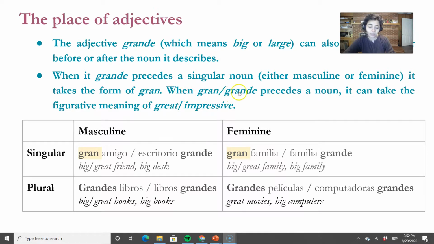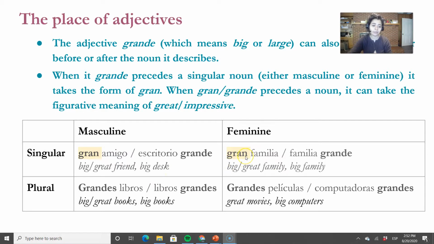When gran or grande precedes a noun, it can take the figurative meaning of great or impressive. So you have gran amigo, escritorio grande. Gran amigo could mean a big friend, physically big. Or it can mean a great friend. Escritorio grande can only mean big desk, something that's big or large.